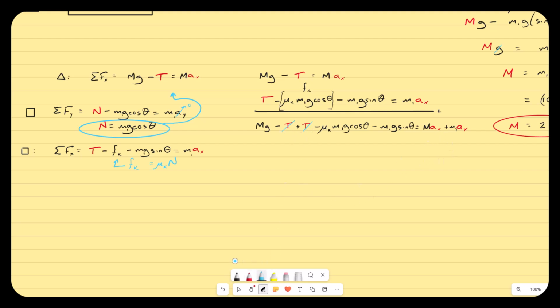I'm going to factor out on the right side. The right side is m plus m1 times A.